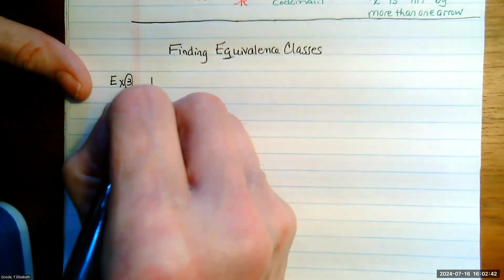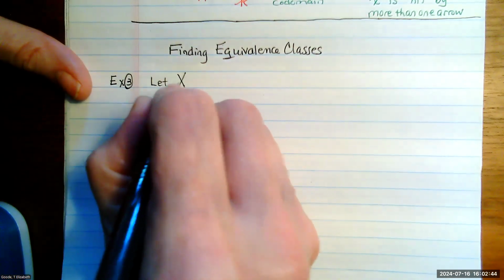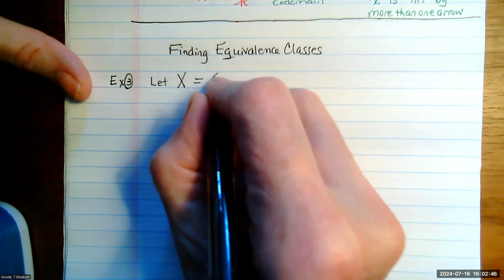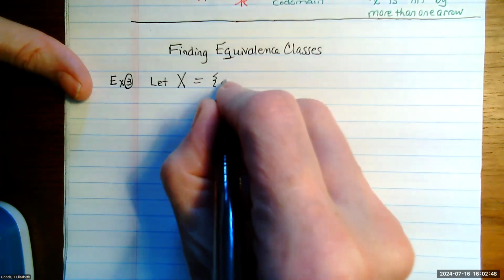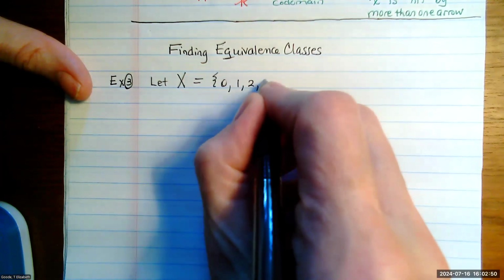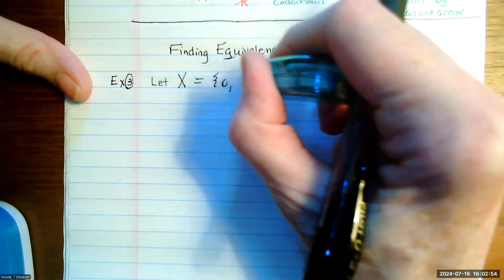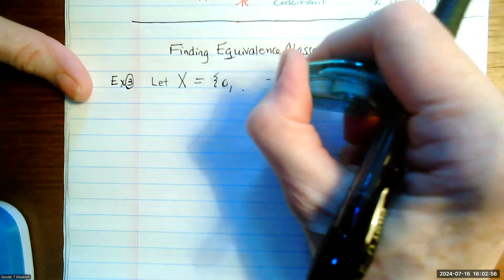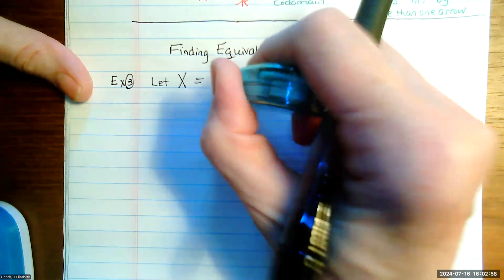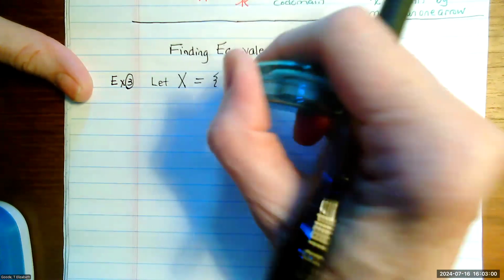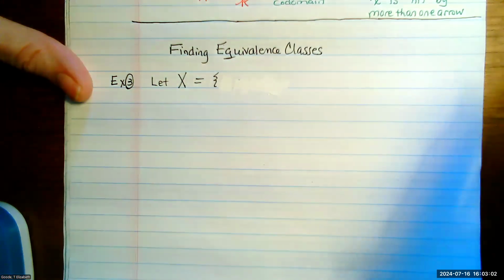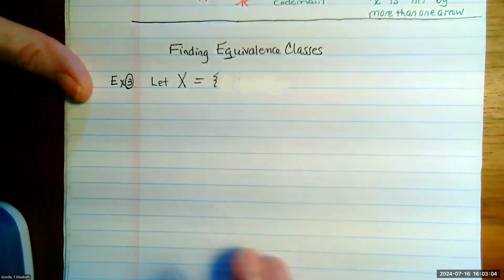So let's let X be this set: 0, 1, 2, 3. In fact, let's back it up. Were there some negative numbers in the set in WebAssign as well, or did they start at 0? It went from -3 to +5.